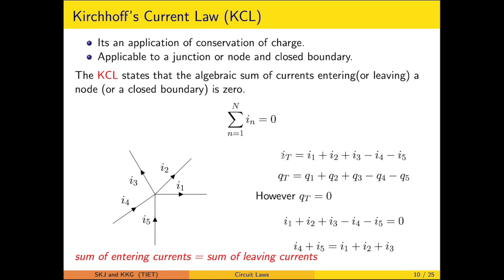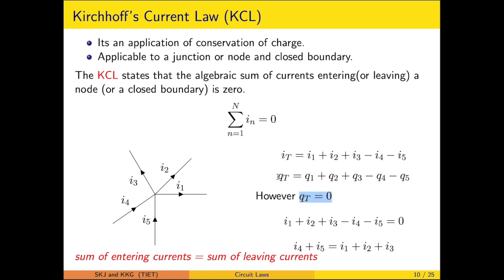Let's say the total current at the junction is IT. We have considered the leaving current as positive, the entering current as negative. Now the charge is the integral of the current. So correspondingly QT will be equal to Q1 plus Q2 plus Q3 minus Q4 minus Q5. However, the conservation of charge suggests that the total charge at a junction will be 0.